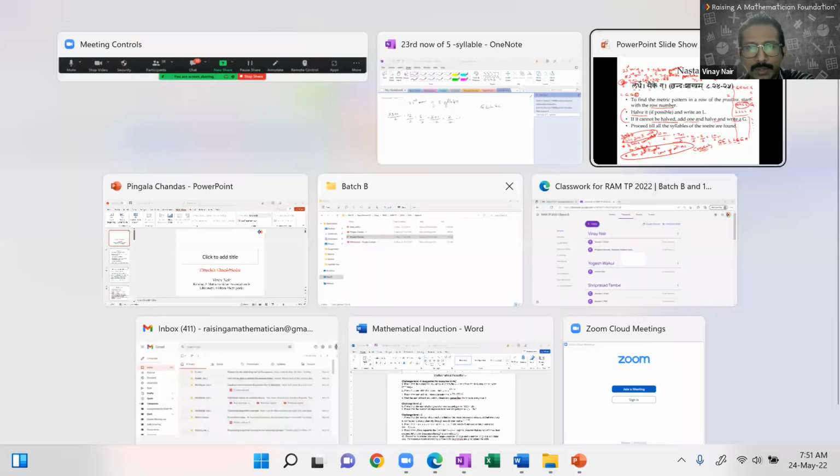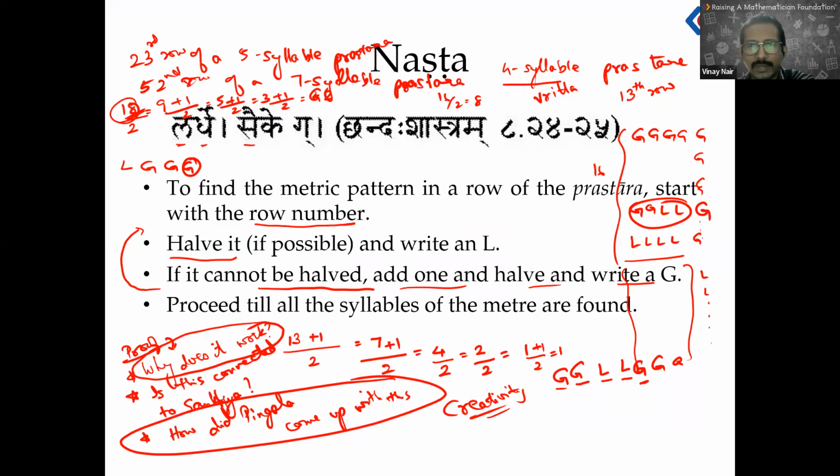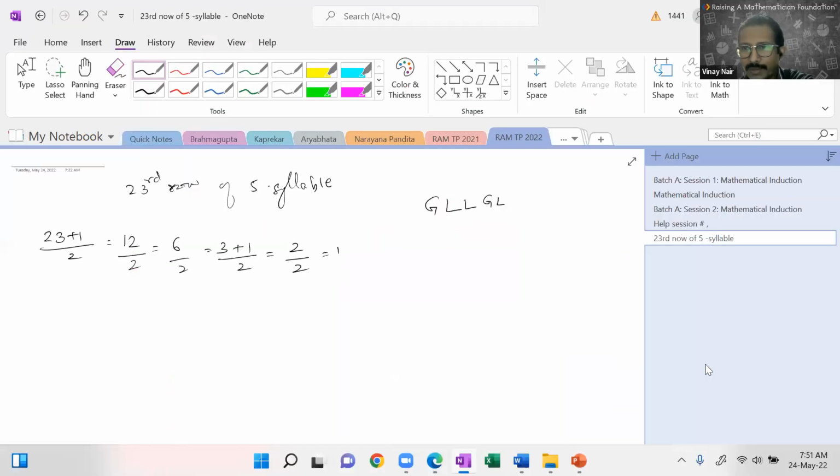Next one is the 52nd row of 7 syllables. Indraneel, can you help me with that? 52nd row of 7 syllables.